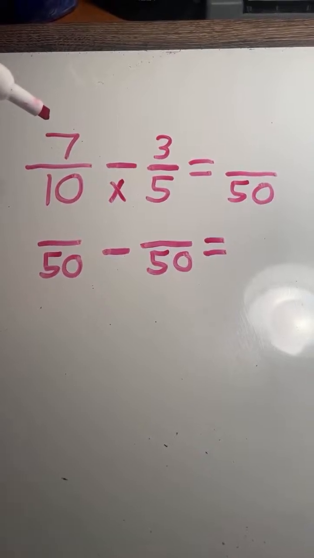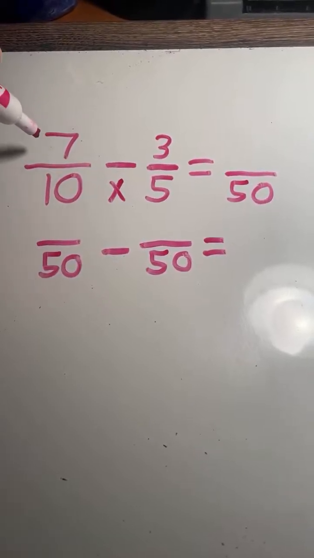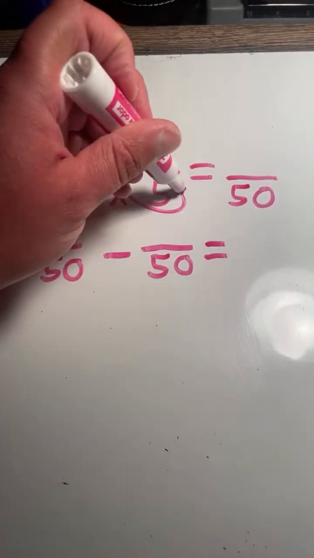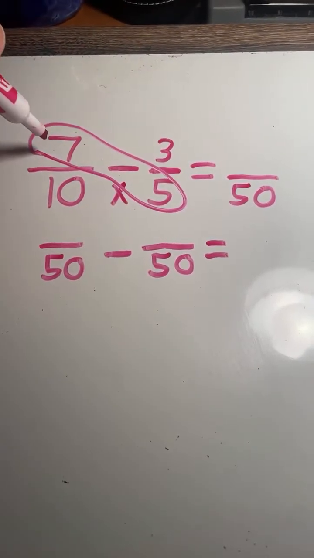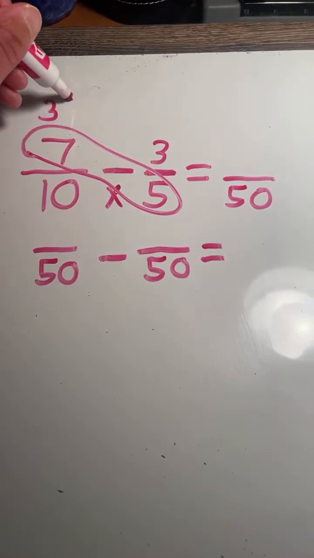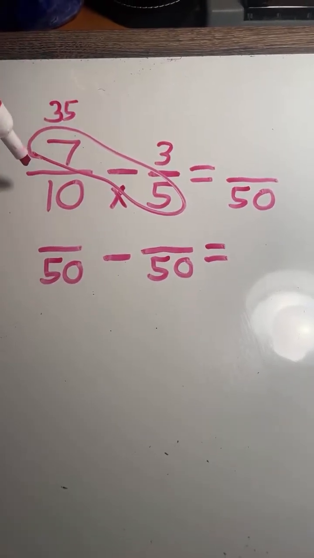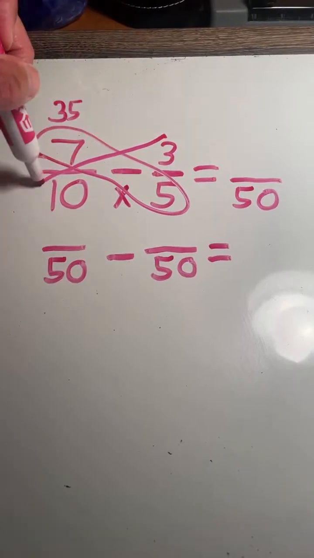Next, we multiply each numerator times the opposite denominator. 7 times 5 equals 35. 3 times 10 equals 30.